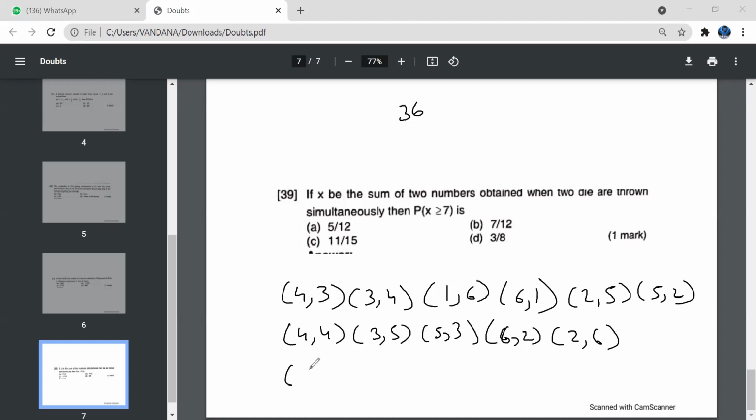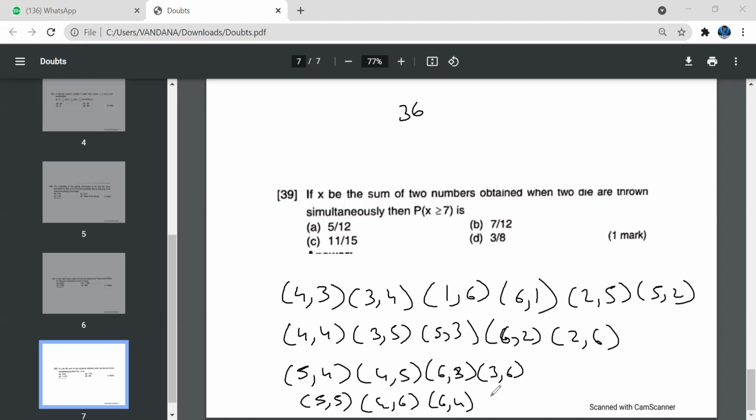Then 9: 5 4, 4 5, 6 3, 3 6. 10: 5 5, 4 6, 6 4. 11: 6 5, 5 6. 12: 6 6.